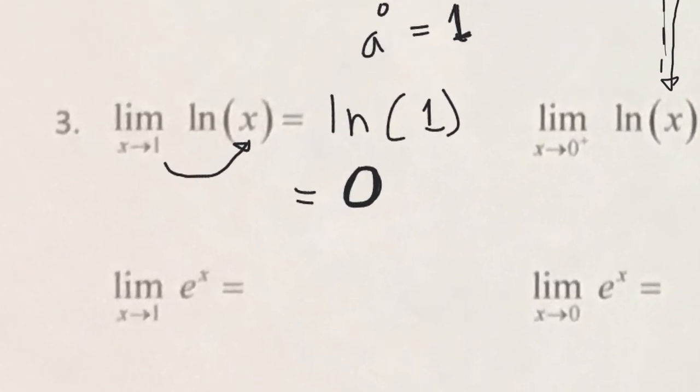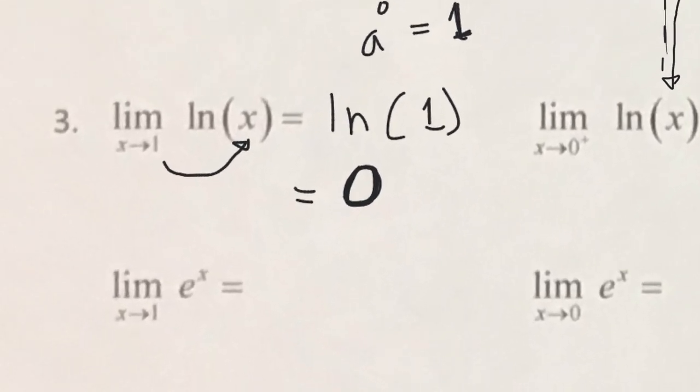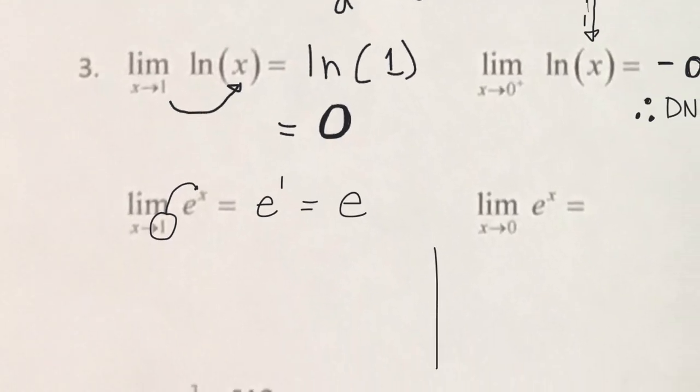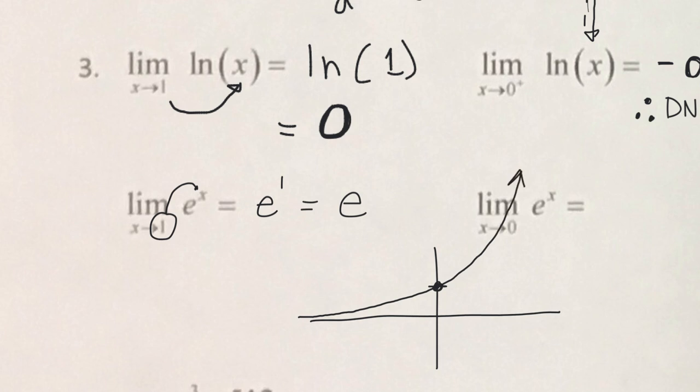Okay, so the limit as x approaches 1 of e to the x. So direct substitution. e to the 1 is e, right? 2.71828. So let's look at the graph of e to the x. Shall we do that? Remember, this is an exponential graph, so it crosses at positive 1. And as you go to the left, we get closer to 0. And as you go to the right, it grows exponentially.